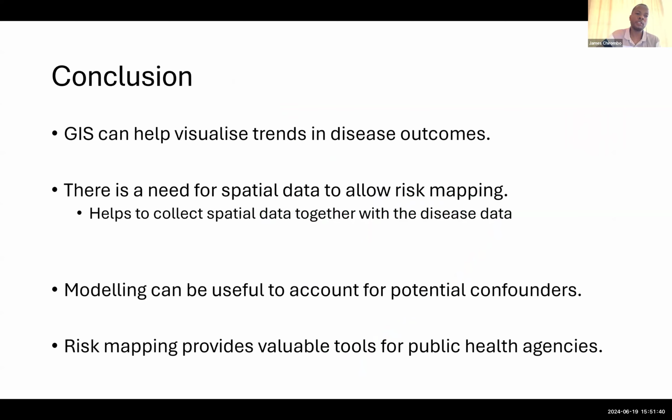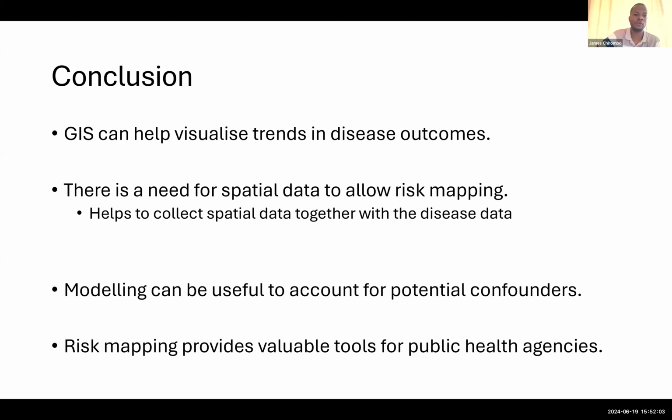Now, in conclusion, I hope we have reminded ourselves that GIS is really a tool that can help us to visualize trends in disease outcomes. To achieve that, we need spatial data to allow us to do the mapping. We need to combine the spatial data with the disease data and bring all this into a modeling framework. We're going to talk more about quantitative methods.